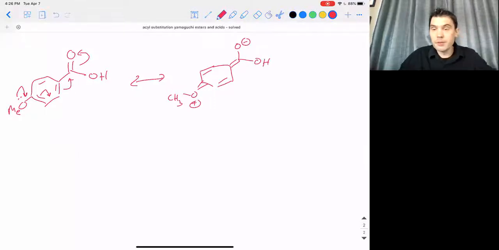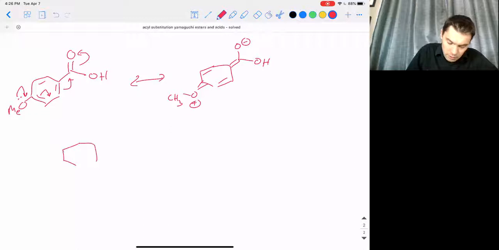And of course, for things to be conjugated, they need to be flat so that all the p orbitals are lined up all the way down the system. And that's very important for conjugation, but it has a little bit of a complication when there's not one but two ortho substituents. And so the Yamaguchi reagent is more complicated because of these chlorides.